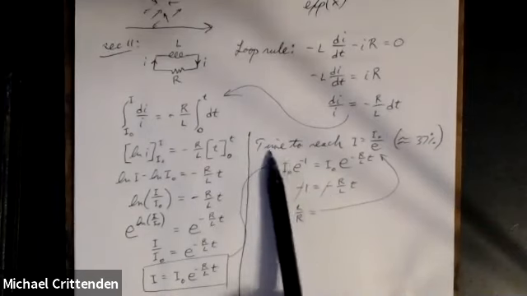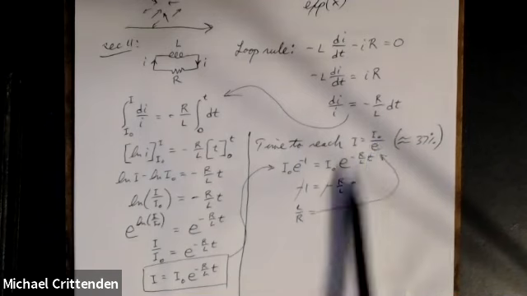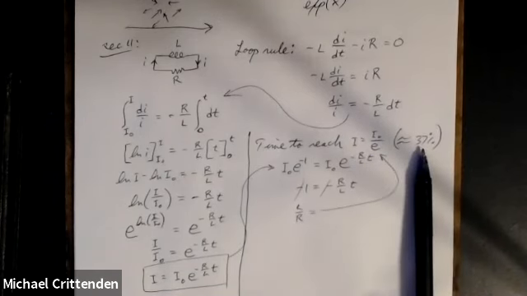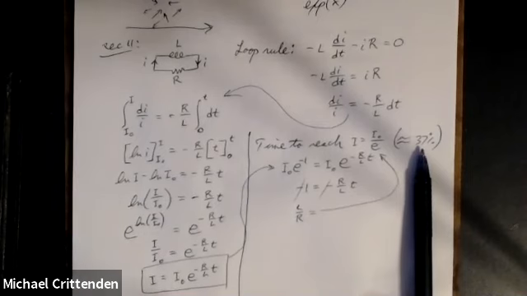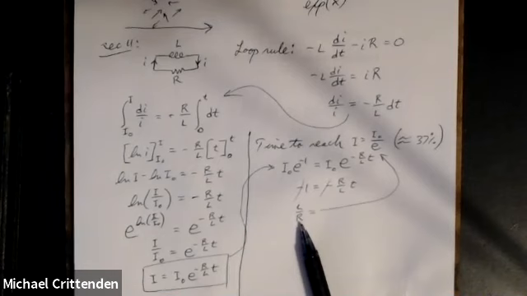L over R is the time to reach 37% of the original current. So the reason we use 37% and not 21% or 17% or some other number is that it's really easy to calculate. You just divide the inductance by the resistance.